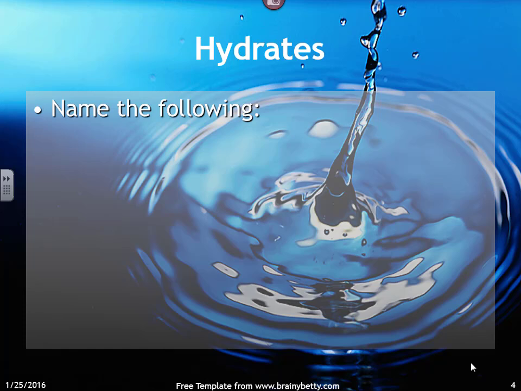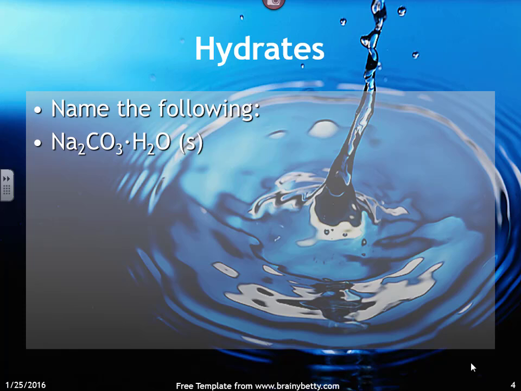So let's do some naming practice. Name the following: Na2CO3.H2O. What would be the first thing we write down? Sodium. Then we've got CO3.